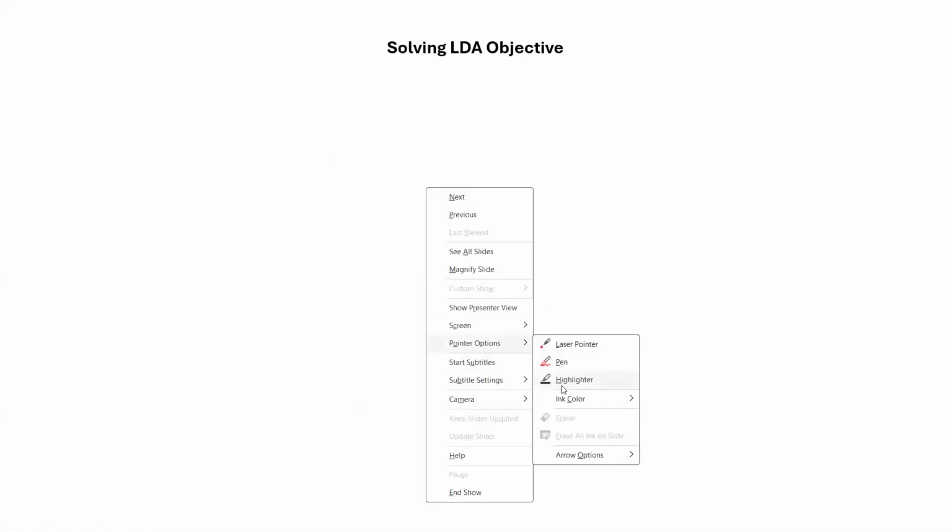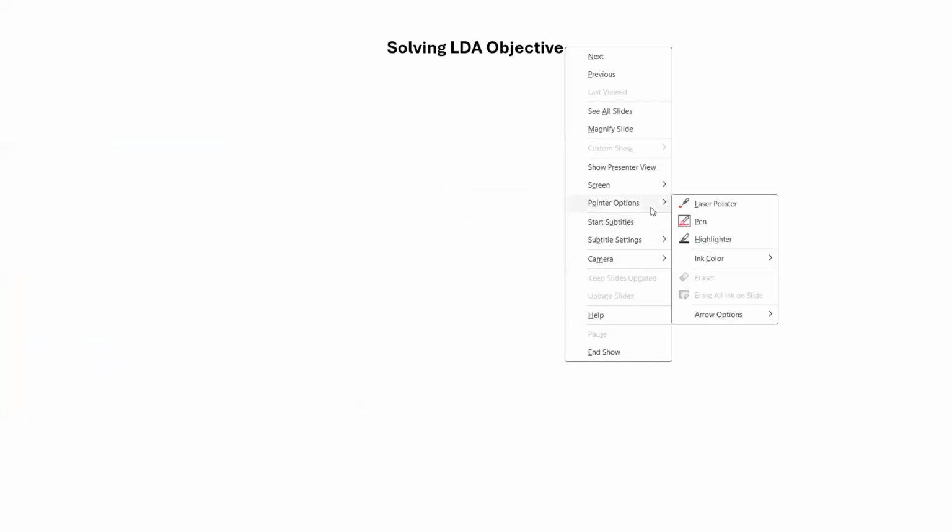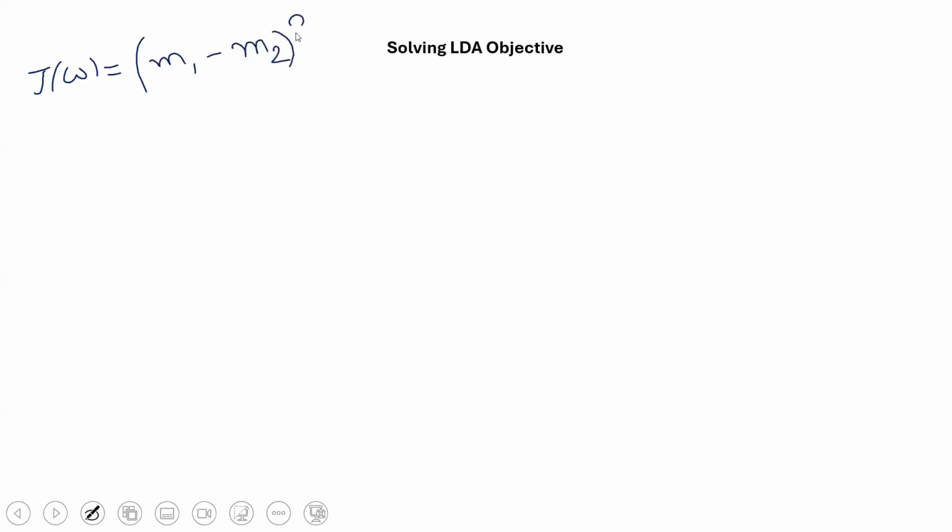So what is the objective now? The objective now is J of w. I call that J of w. The objective now is, let's call that mu1, instead of mu1, I'll call that m1, which is the mean of category 1, and the mean of category 2, whole square, divided by scatter of category 1 plus scatter of category 2.